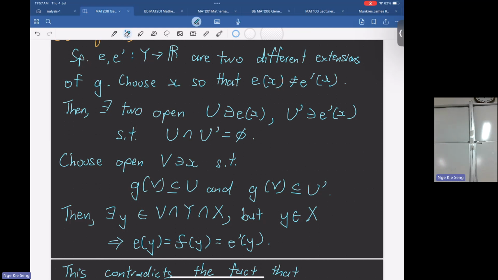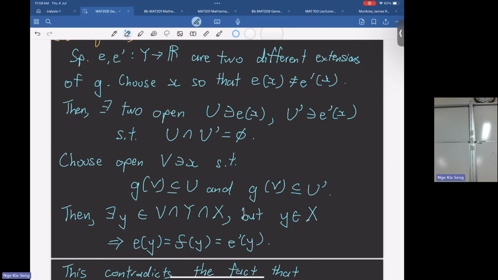But our Y is what? It is a compactification, so either you are a limit point, or you are a point in X. If you look at this intersection here, it should have some point in X, because if X is a limit point, every neighborhood should contain some point in X. So this intersection should be non-empty.